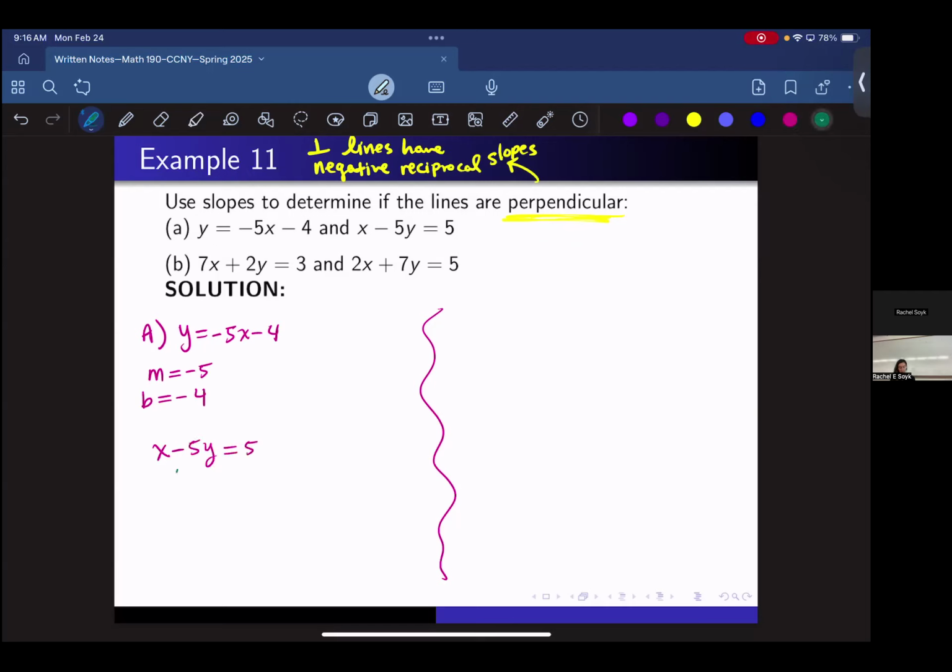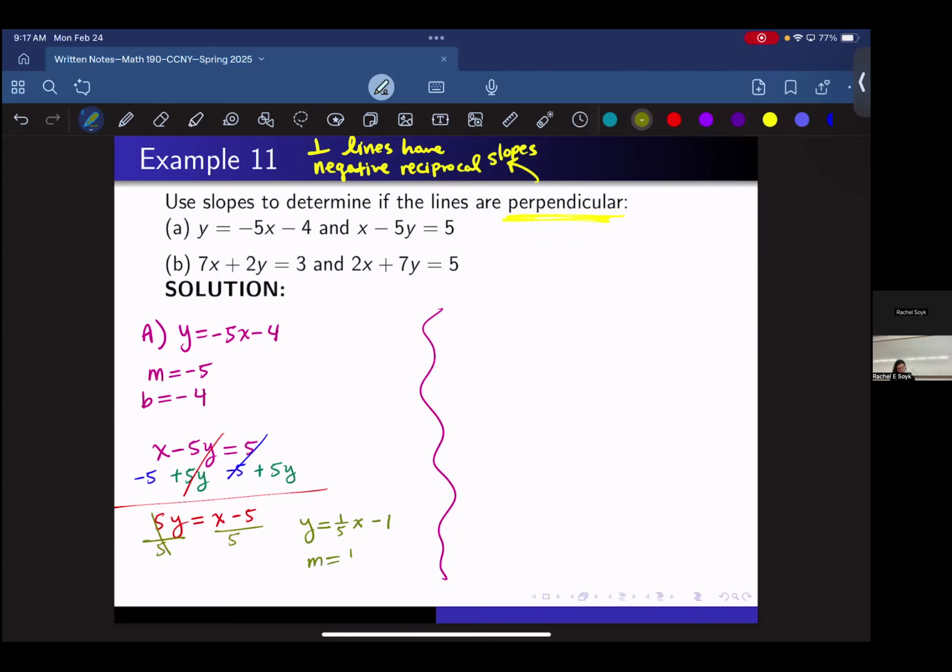Let's put this into our slope-intercept form. So we're going to add 5y to both sides and subtract 5 from both sides. So now we're looking at 5y is equal to x minus 5. Let's divide both sides by 5. So our y is equal to 1/5 x minus 1, which tells us our slope is 1/5, and our y-intercept is -1.